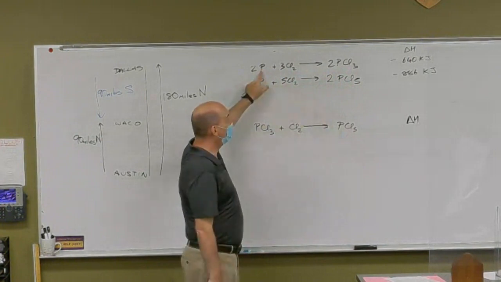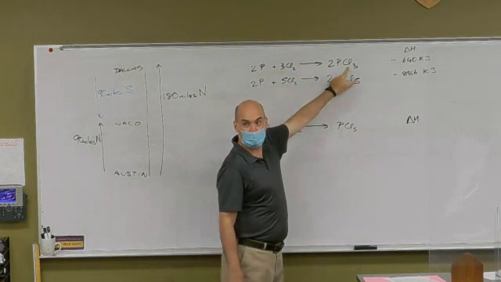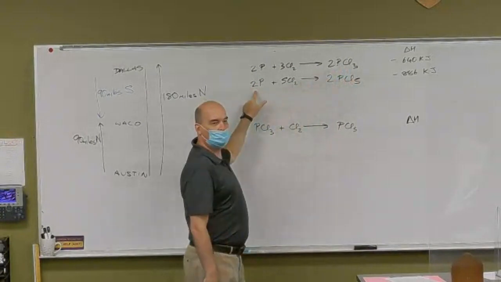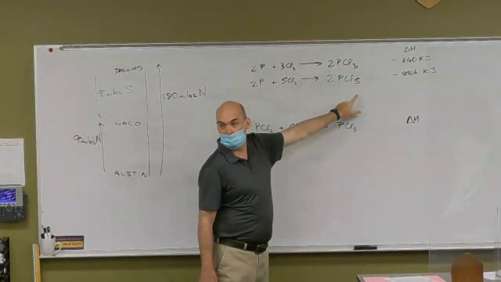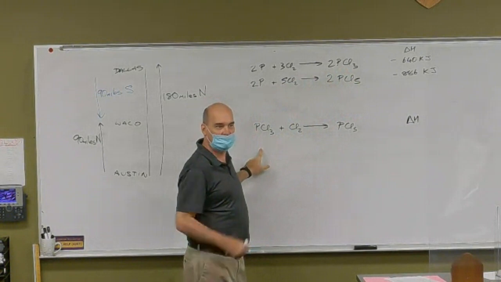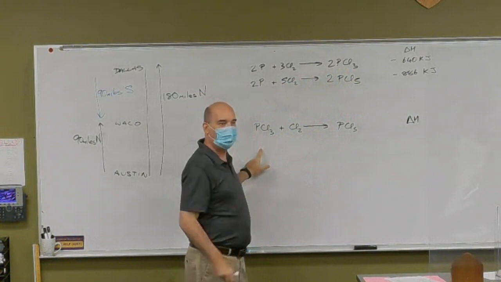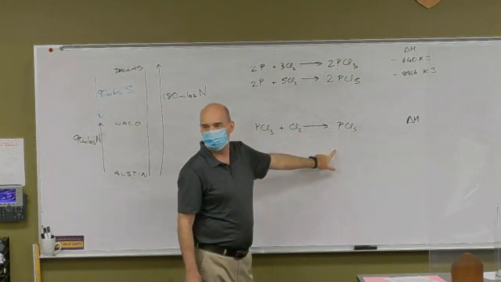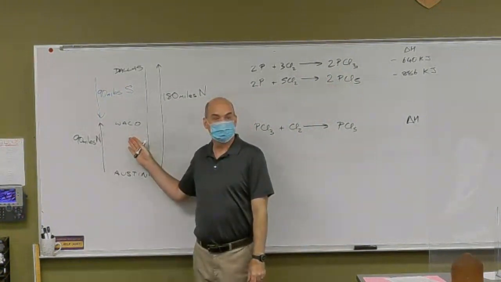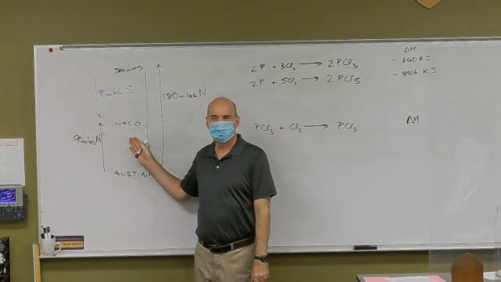We start with the phosphorus and we add 3 chlorines to it. Or we start with the phosphorus and we add 5 chlorines to it. Or we could start in the middle with the phosphorus that already has 3 chlorines to it and find out what is the distance until you get 5. If you can do this, everybody can do this, right?